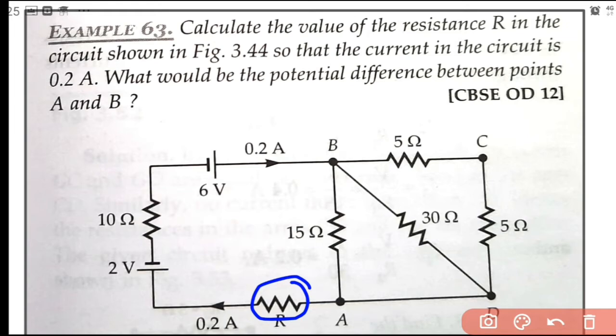In parallel with the 10 you have 30. In parallel with that again you have 15. So actually between A and B, 3 resistances come in parallel: 10, then 30 and 15. So first step is to find the effective resistance between A and B.